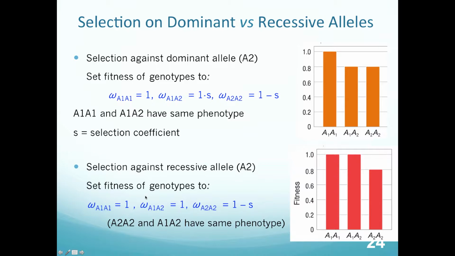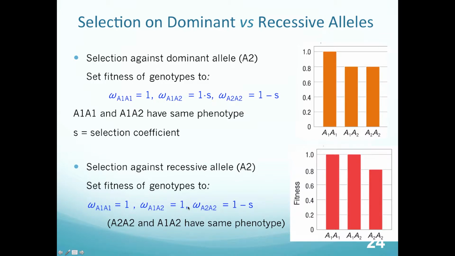The only time that selection sees that trait is when it's in the homozygous recessive individual. And in that case, the homozygous recessive individual gets 1 minus S. The heterozygote has the same phenotype as the A1 homozygote, and so they don't see any effect of selection.